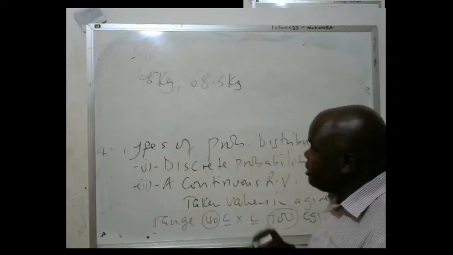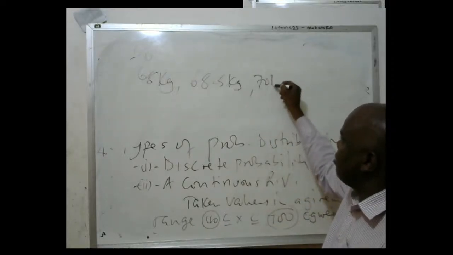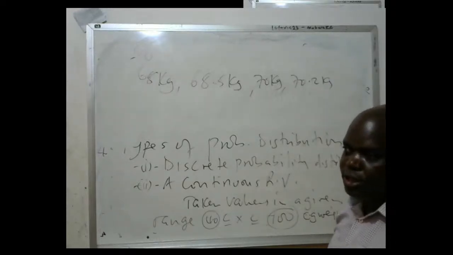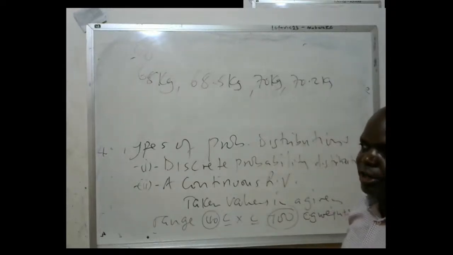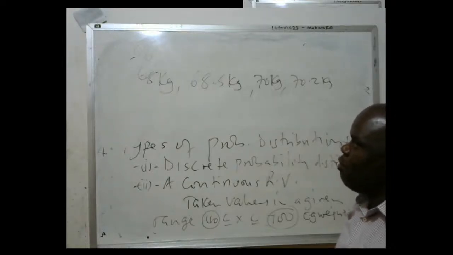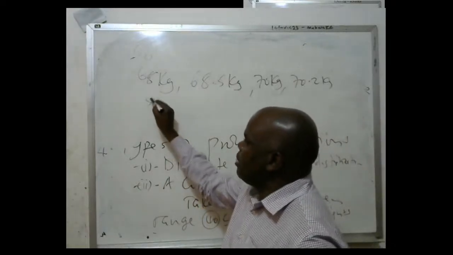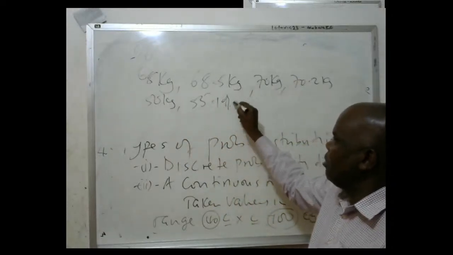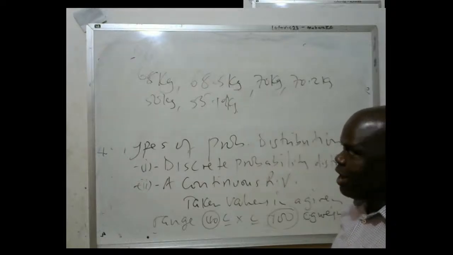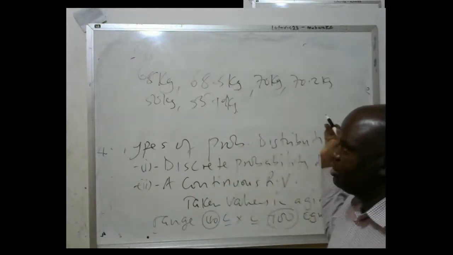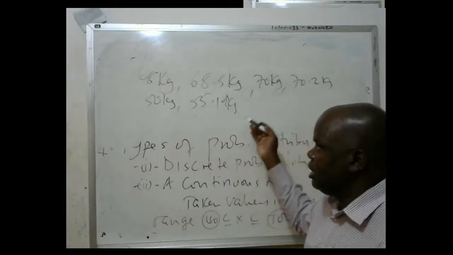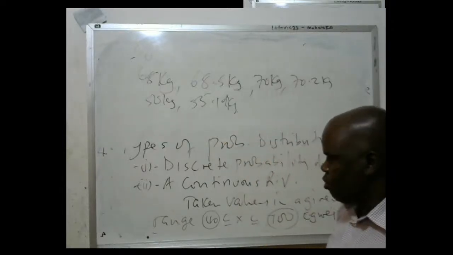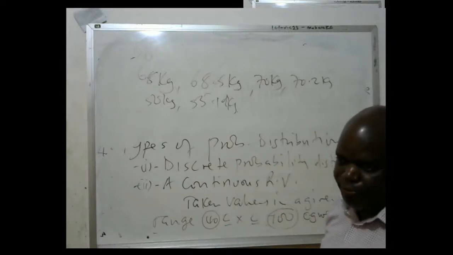Then you continue overeating and end up with 70 kilograms, or 70.2 kilograms. You see? So this is a continuous random variable. But there are also people who may have 50 kilograms or 55.1 kilograms. So it is varying in a given range, including decimals in that range. Such a distribution is called a continuous random variable.